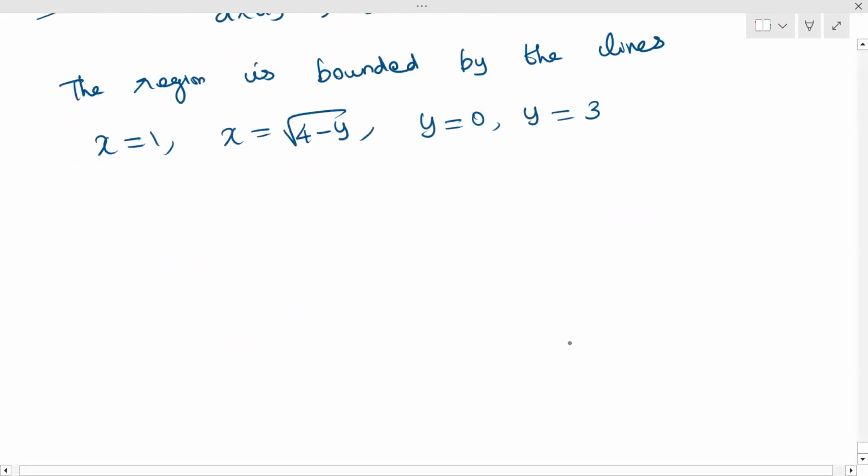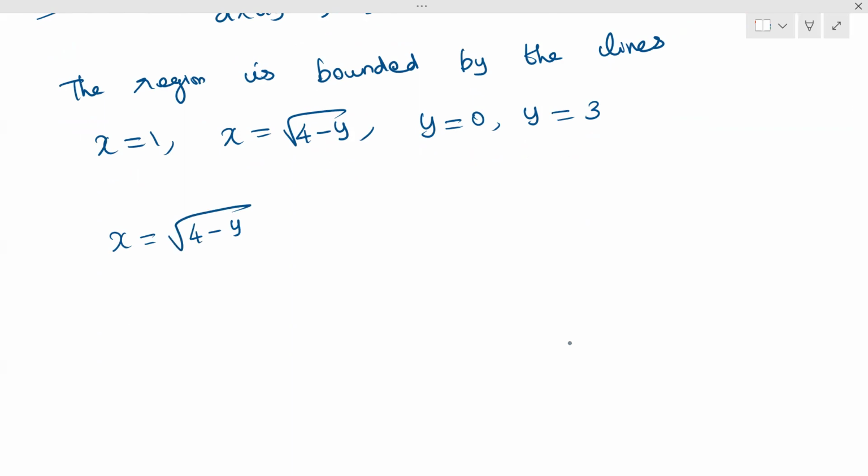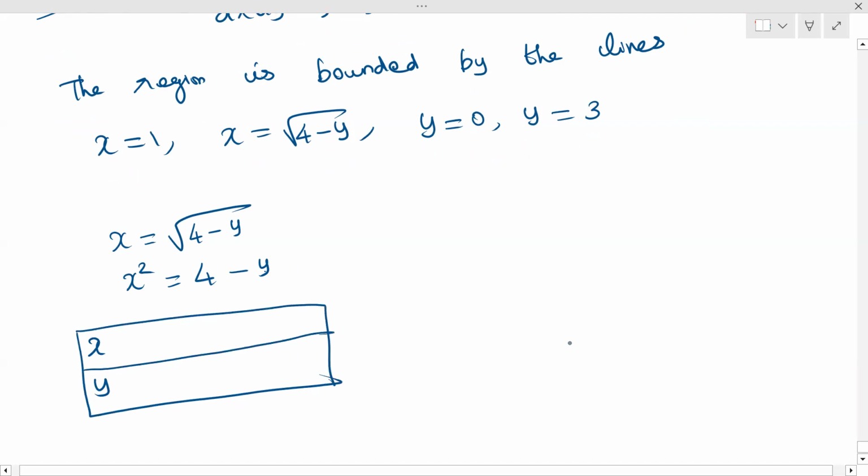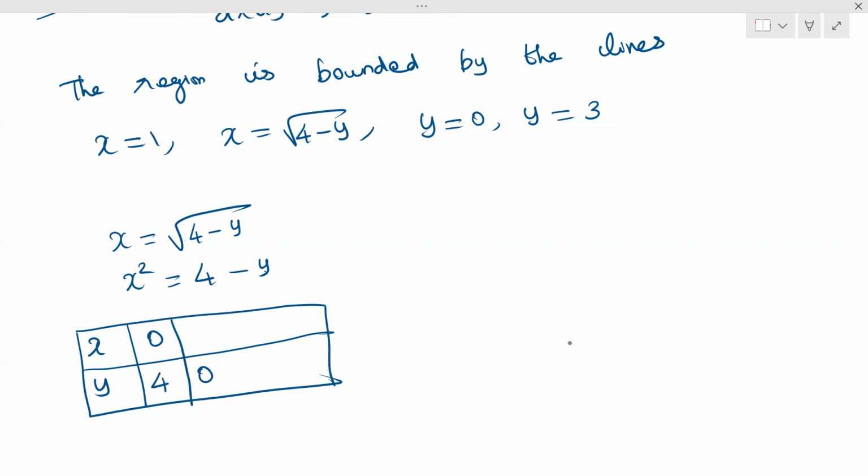So first we have to draw the diagram for this. This is definitely a curve. Here we need the points. So x equal to root of 4 minus y means x square equal to 4 minus y. Now we can give some values for x and y to find the points, and then only we can trace the curve. When we put x equal to 0, y equal to 4. y equal to 0 means x equal to plus or minus 2.